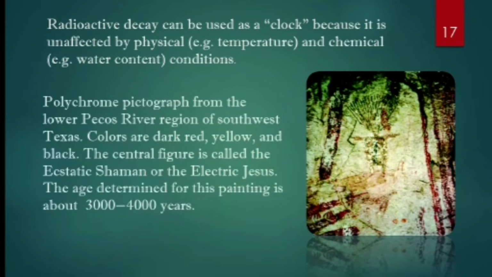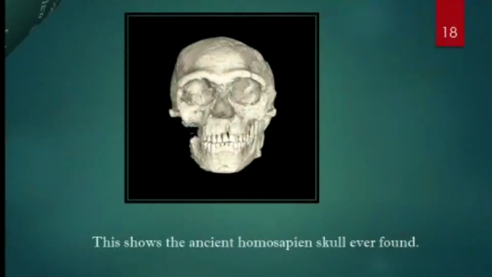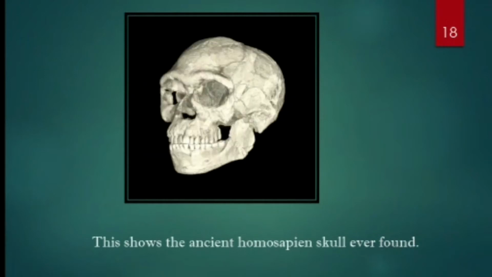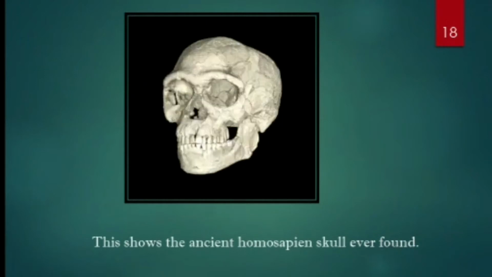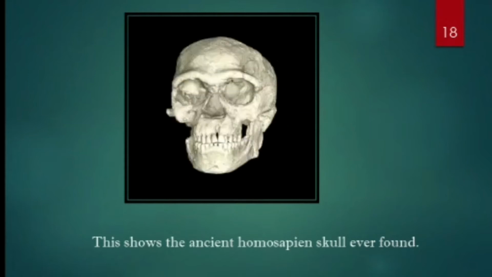The central figure in the given picture is called Electric Jesus, and its age is estimated to be 3000 to 4000 years. All these discoveries were possible because of this wonderful technique, radiocarbon dating. This is the picture of an ancient Homo sapiens skull that has ever been found.